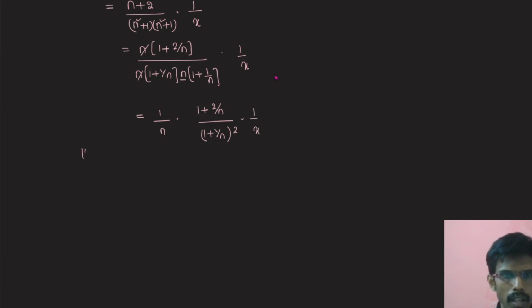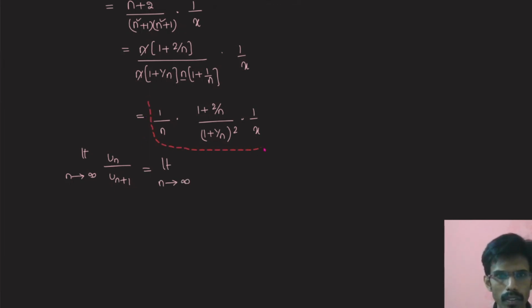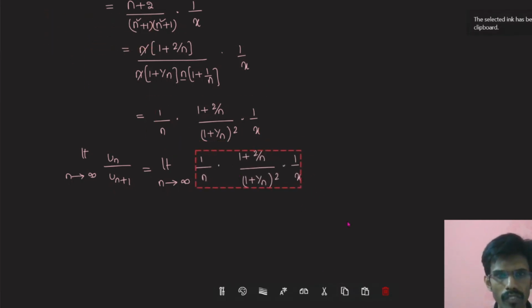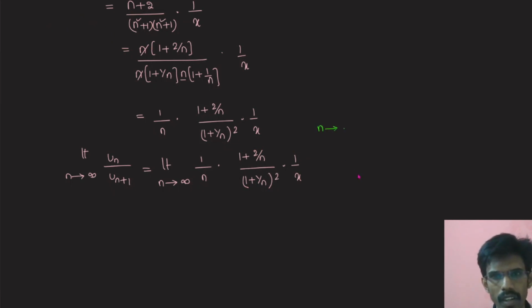Now if I apply the limits on both sides, limit n tends to infinity, we have un upon un plus 1 become limit n tends to infinity of this complete term. Now n tends to infinity means 1 by n will tend to 0.